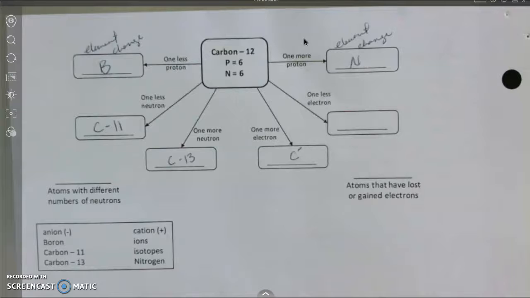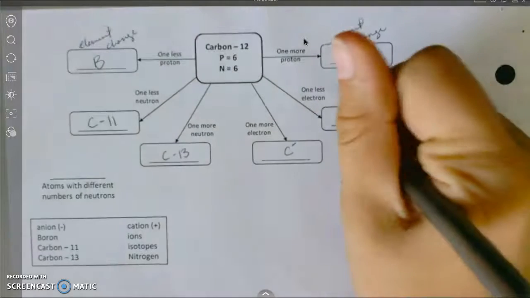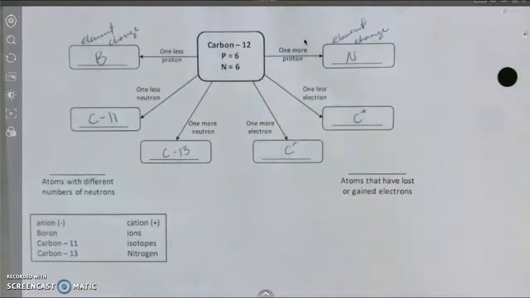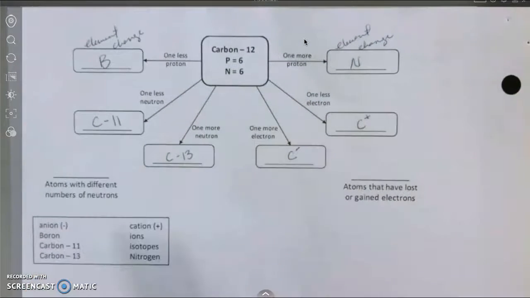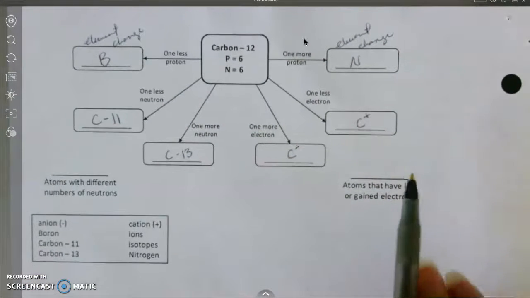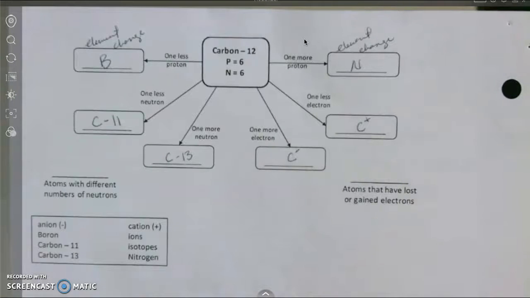It's now an ion, right? An anion. And then I have 1 less electron. Well, that would be carbon with a plus charge. Atoms with different numbers of neutrons, those are isotopes. Atoms that have lost or gained electrons, those are ions.